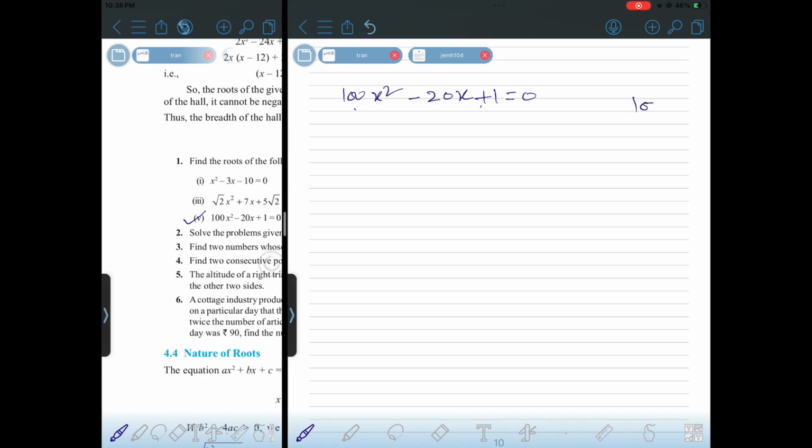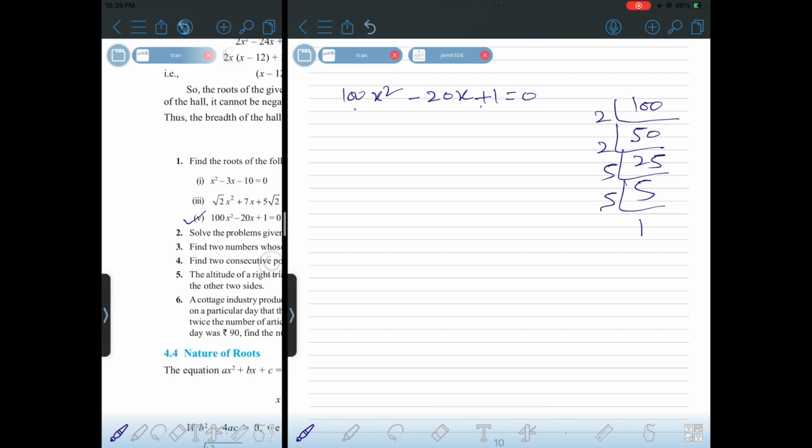Now we have to factorize this number: 2, 50, then 25, and then 5. So we got the factors 2, 5, 5. We have to utilize these factors in such a way that their sum is -20x.